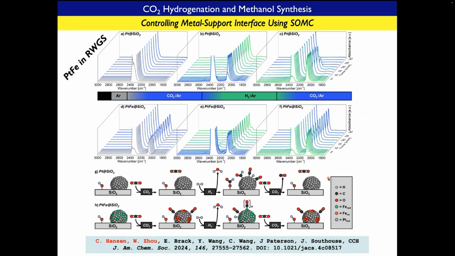And now, going back to in situ infrared spectroscopy, we could show that platinum and platinum iron are totally different systems. For example, if I pulse CO2, platinum does not activate CO2, while platinum iron immediately makes CO. And as you pulse H2, only platinum now makes CO, while the other one remains a normal water gas shift catalyst.